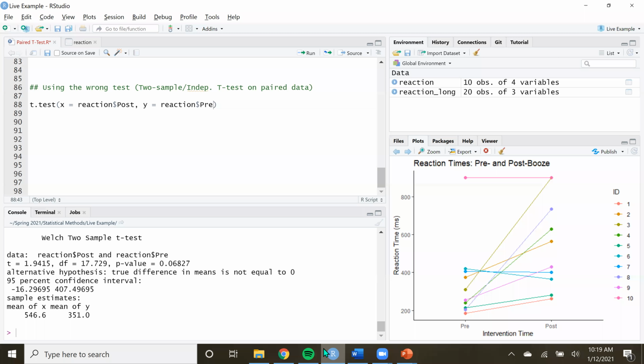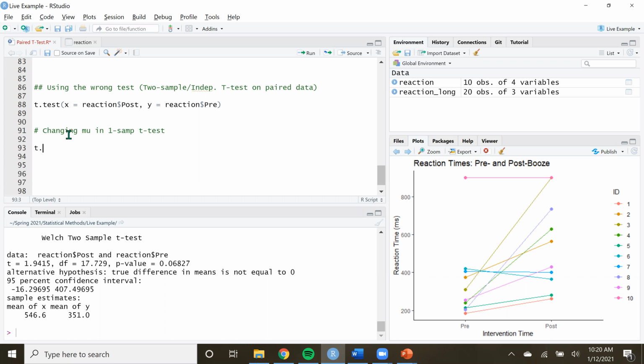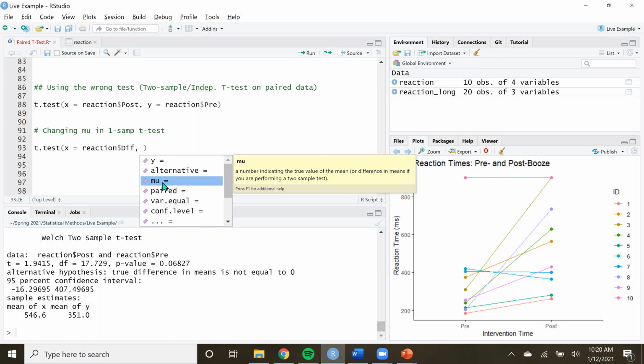What does that look like? Oh, well, I'll tell you. All that looks like is you have your one sample. So we'll just do reaction, and it's the difference, right? And within this, there is a mu argument.